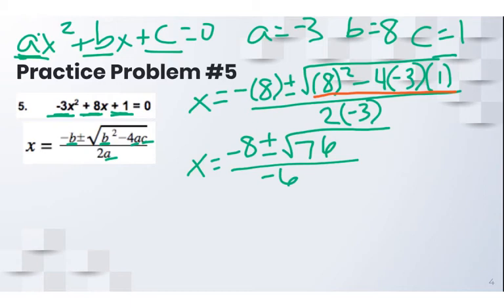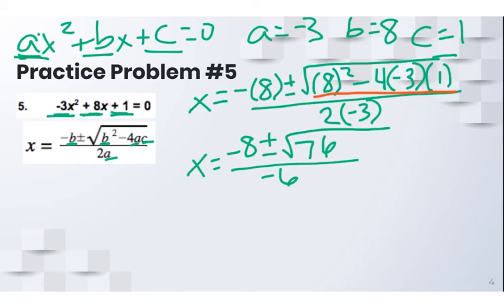So in order to add it to negative 8, sometimes we keep it in the square root, and sometimes we change it to a decimal. Unless they tell you which one to do, like if they say find it to the nearest tenth, that means they want you to find the decimal. If they say keep it in simplest radical form, then keep it in simplest radical form.